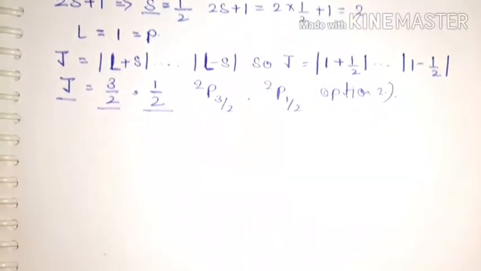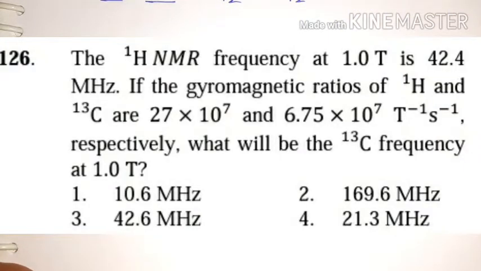Now we move towards our next question. It says the 1H NMR frequency at 1 Tesla is 42.4 megahertz. If the gyromagnetic ratios of 1H and 13C are 27 into 10 to the power 7 and 6.75 into 10 to the power 7 per Tesla per second respectively, what will be the 13C frequency at 1 Tesla?